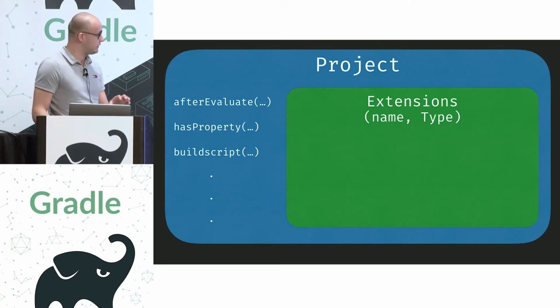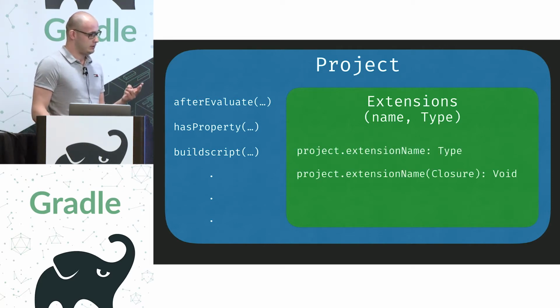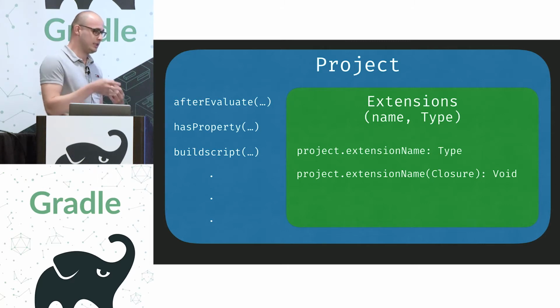What's important for us is that whenever an extension aware object, in this case project, contains an extension of some type, it gives us two additional things on the instance. We get a property with the name of the extension that returns it, and we get a method which accepts a closure, which is then executed against this extension object so that we can configure it.